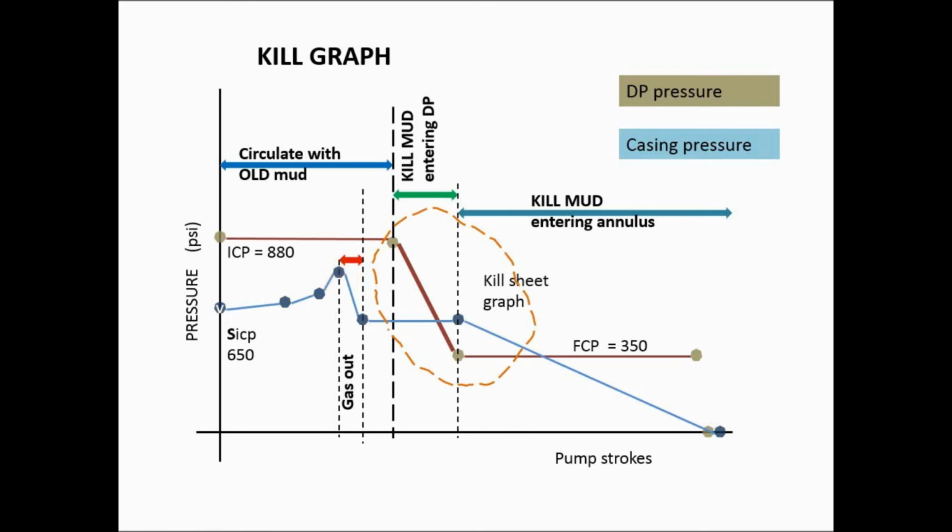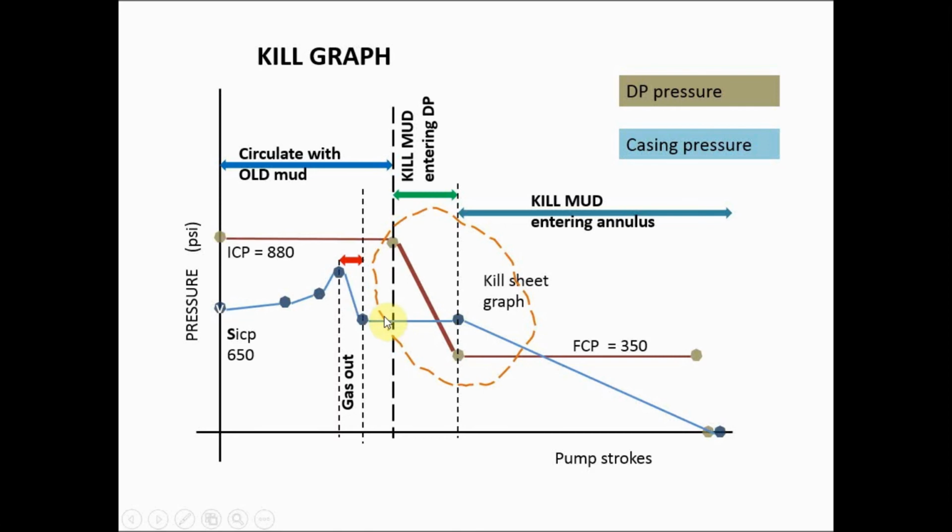The casing pressure then will decrease, and when all of the influx has been evacuated out of the annulus and the mud is coming out from the choke again, then we need to adjust the choke, reopen the choke to 48% again, maintaining drill pipe pressure constant.